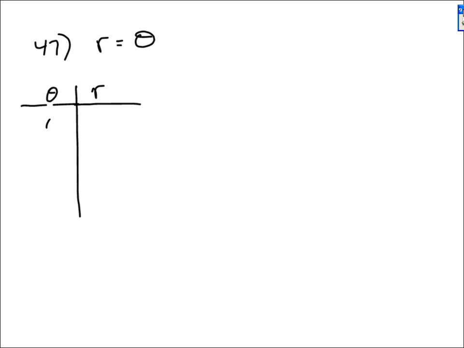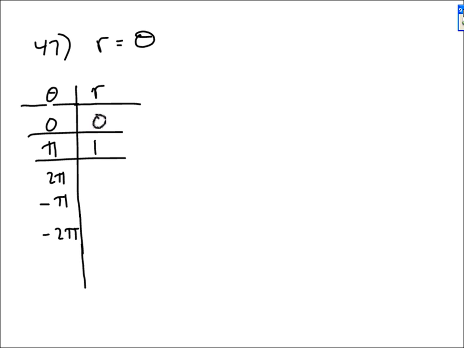So if theta is 0 or pi or 2 pi or negative pi or negative 2 pi, R is equal to theta. So theta is 0, R is 0. Theta is pi, R is pi. 2 pi, 2 pi. Whatever theta is, do you know what R is?